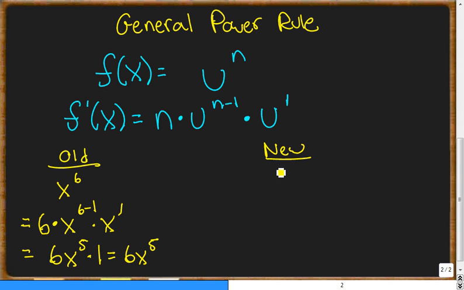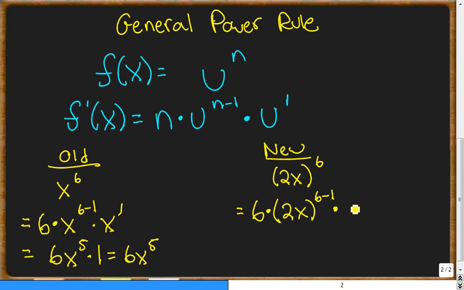So a new example of this would be if let's say I had 2x to the 6th. Now you could expand this out, but we could use our new general power rule to do this. So this is going to be 6 times, remember we leave the inside alone, 2x to the 6 minus 1. Multiply this by the derivative of 2x, which is 2.